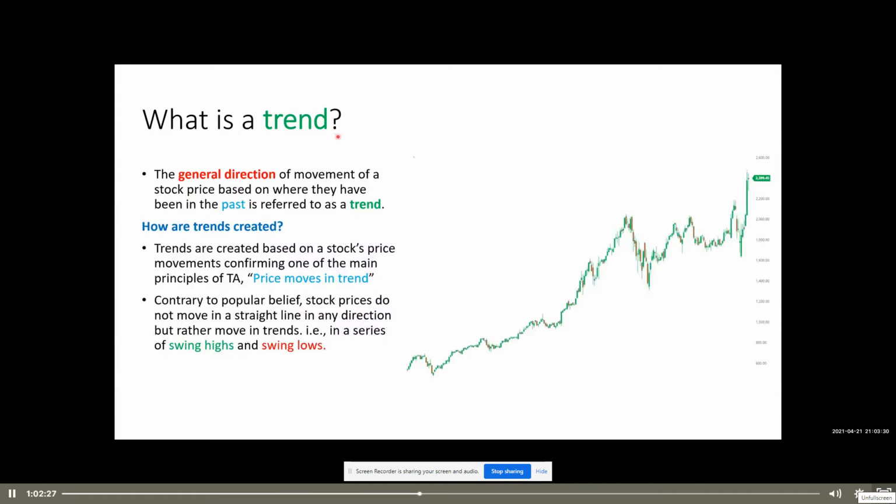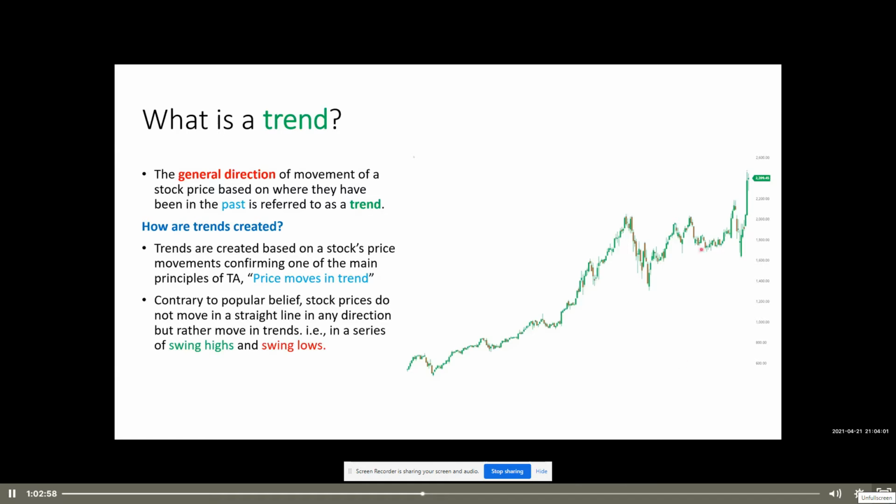What is a trend? The general direction of movement of a stock price, based on where it has been in the past, is referred to as a trend. Take a look at this stock chart on the right-hand side. I think this is an Amazon stock chart before it broke the 3,000 level. It looks like a longer time frame chart. You see that the low over here is around 600 and the high over here is around 2,400.